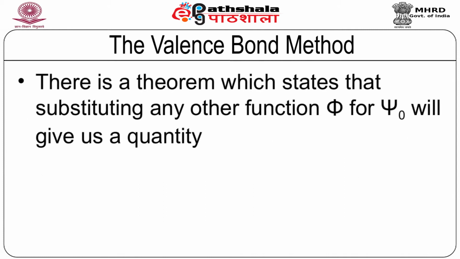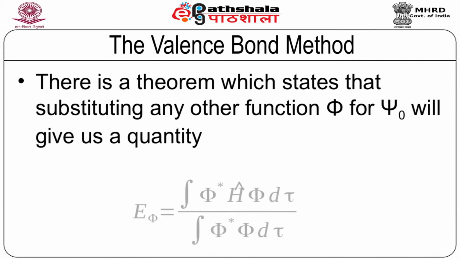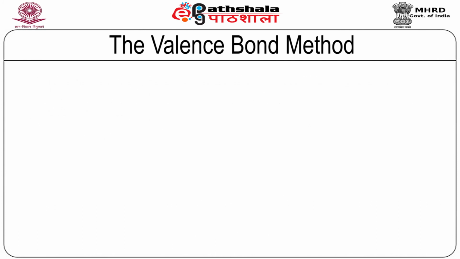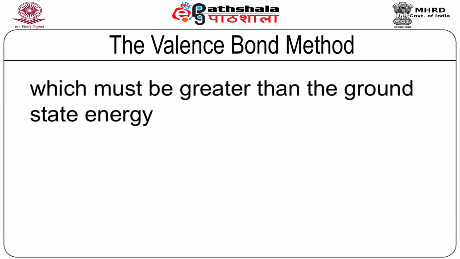There is a theorem which states that substituting any other function phi for psi0 in this equation will give us a quantity E phi, where E phi is given by E phi equals integral phi star H phi d tau divided by integral phi star phi d tau, which must be greater than the ground state energy that can be expressed as E phi greater than or equal to E0.